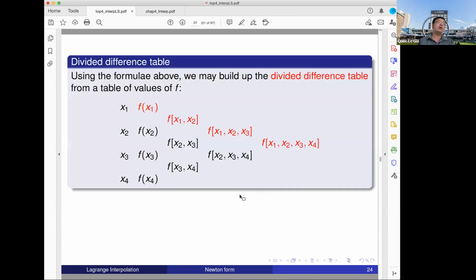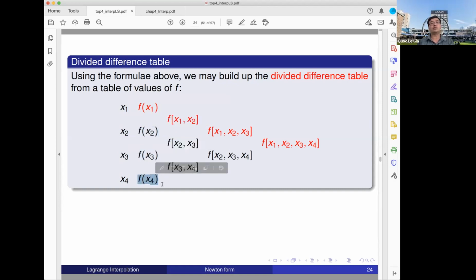Okay, so now once you have the formula, actually the computation is very simple. So now you write a table like this. You write x1, x2, x3, x4. And in the next column, you write f(x1), f(x2), f(x3), and f(x4).